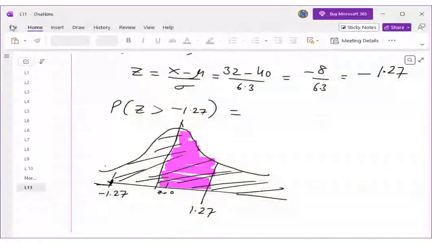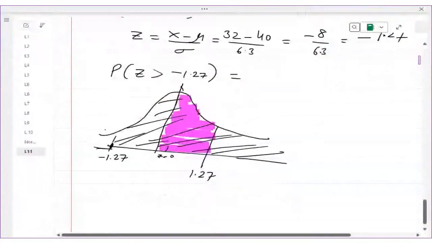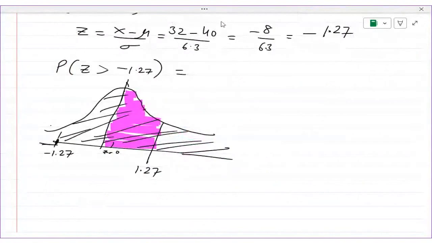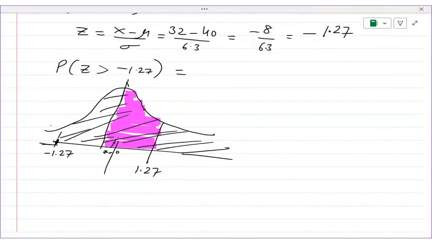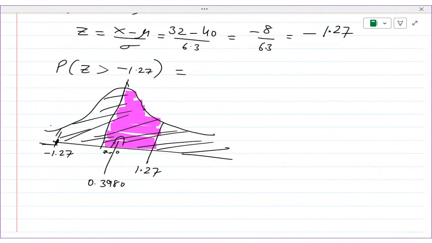So 0.3980. This pink color value is 0.3980. Now due to symmetry, between 0 and 1.27 will be the same as between minus 1.27 and 0. So this will also be 0.3980.